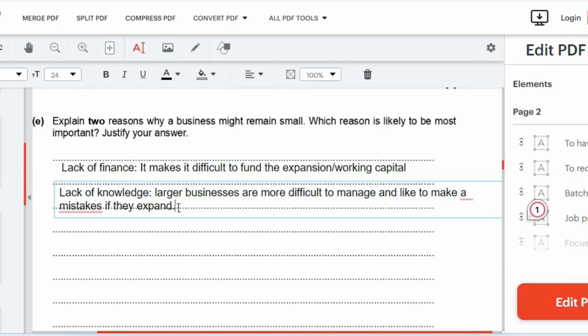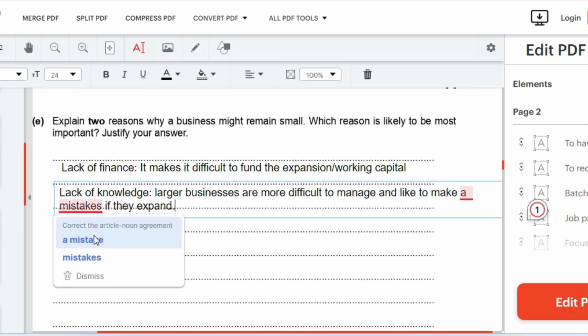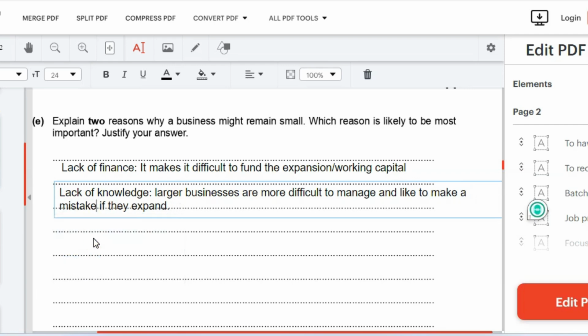We're told to just give two reasons. Of course, we have a lot of reasons here also. We have lack of workers, and it also depends on the owner's personal objective most of the time. And also we have the type of industry, service, or more.